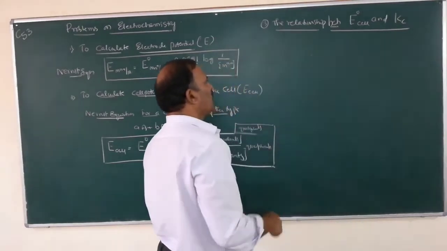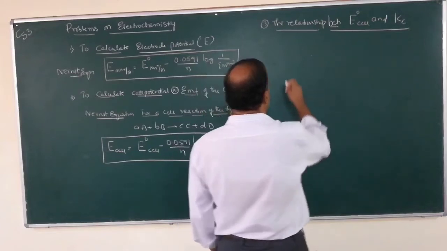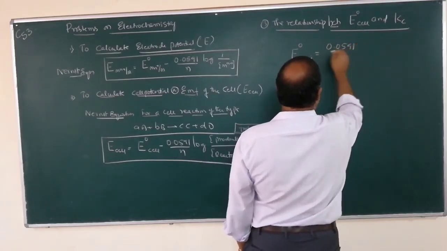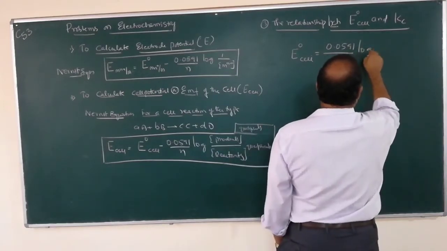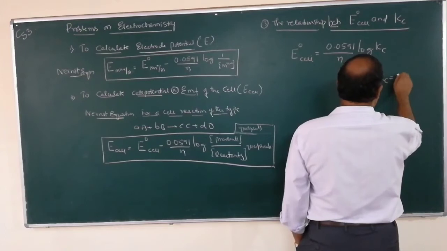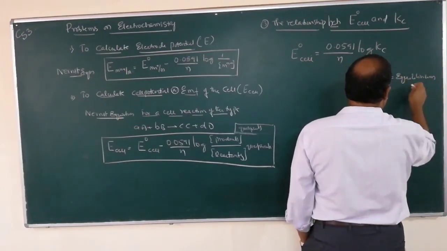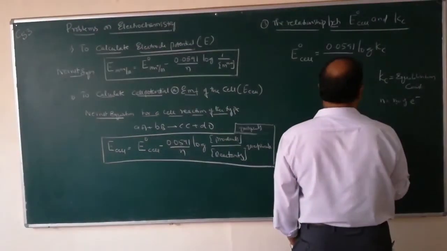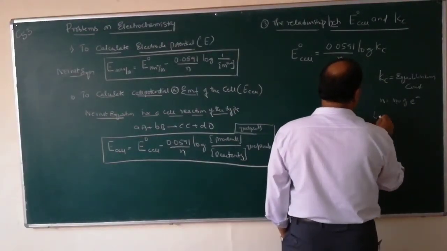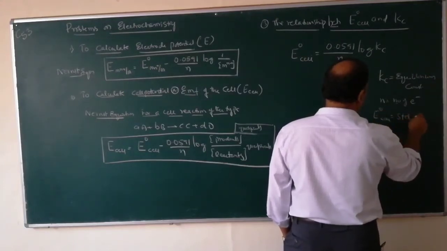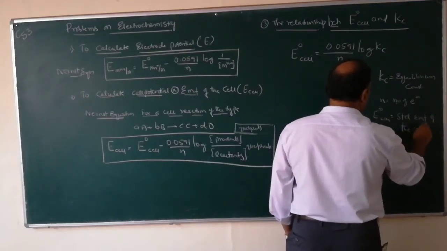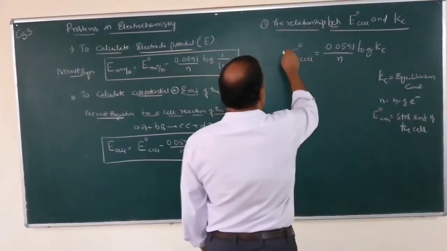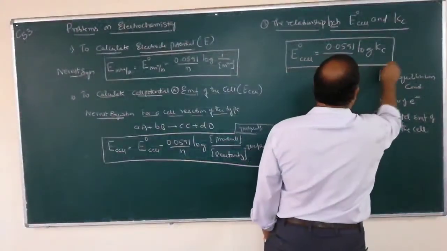The relationship between the standard EMF of the cell and the equilibrium constant Kc is E naught cell equals 0.0591 divided by n, logarithm of Kc, where Kc equals the equilibrium constant, n equals the number of electrons involved, and E naught cell equals the standard EMF of the cell.